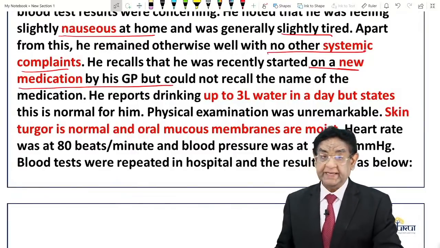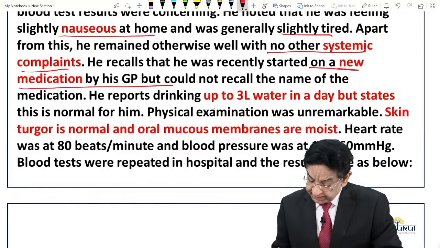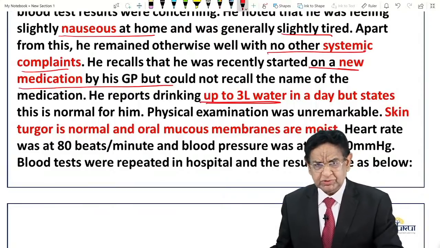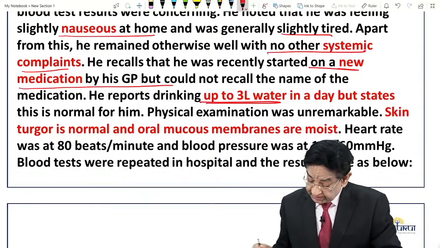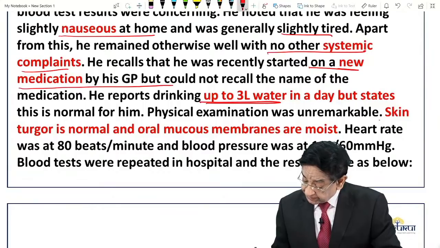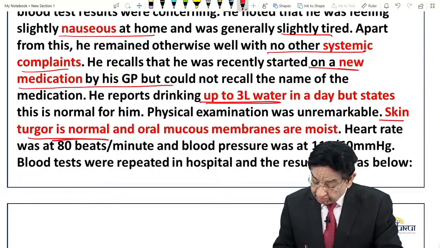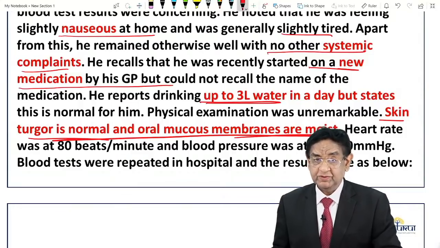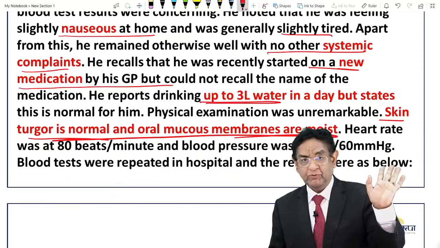He doesn't know the name of the drug. He drinks about 3 liters of water per day, that is almost in the normal range, and his skin turgor is normal, oral mucosa is moist. What is the meaning? It is not hypovolemic.